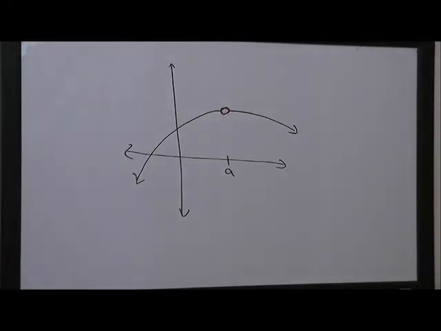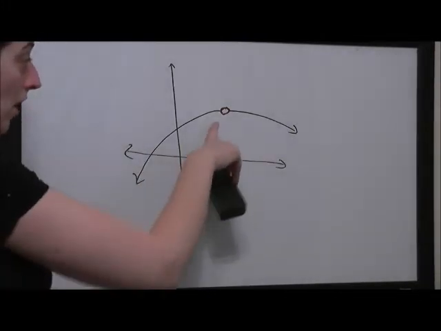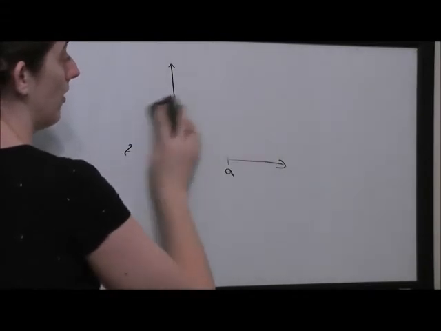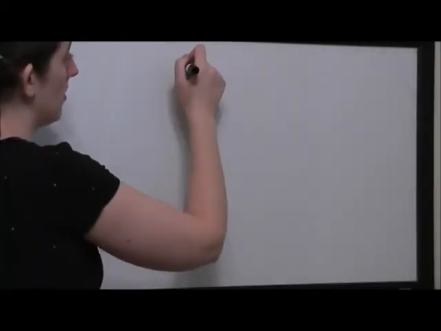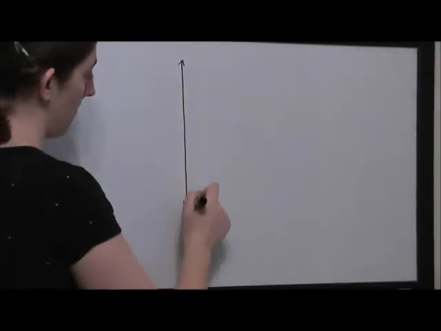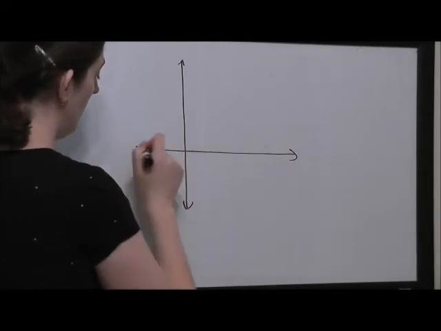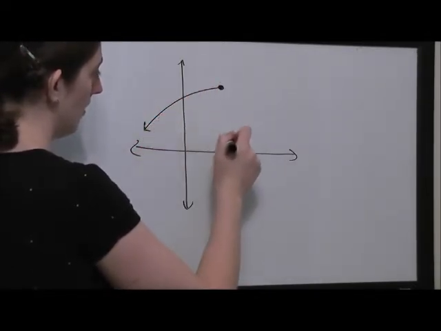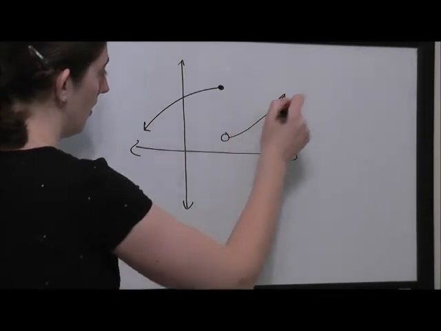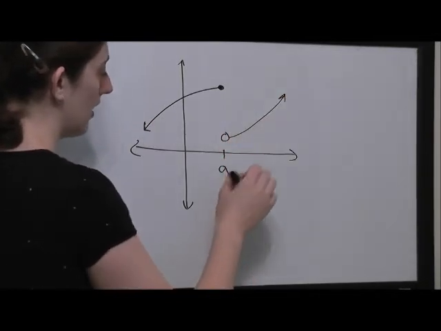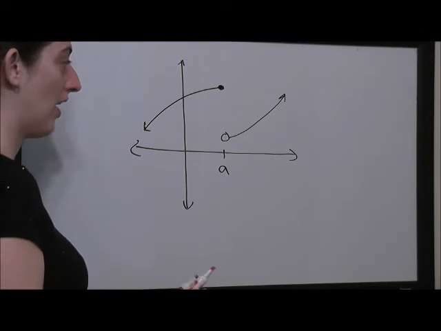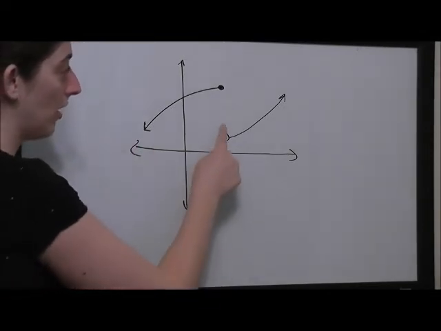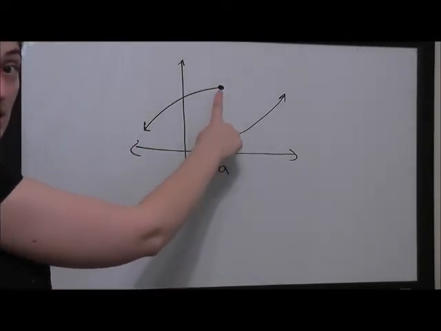But not all graphs are going to be like this. So let's look at another way it could not be continuous. All right, so here, again, we're just going to look right here at A. This time, if you look up, we have a point.